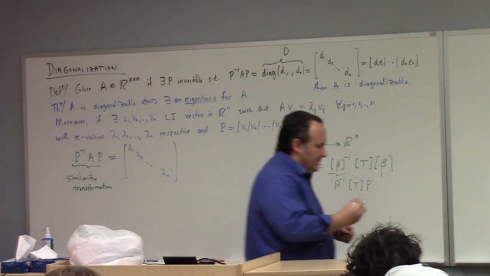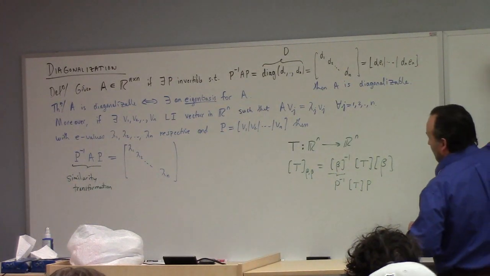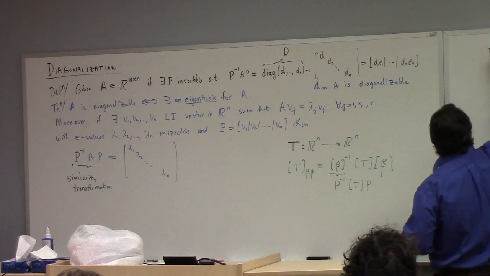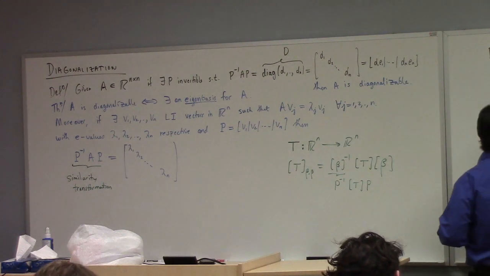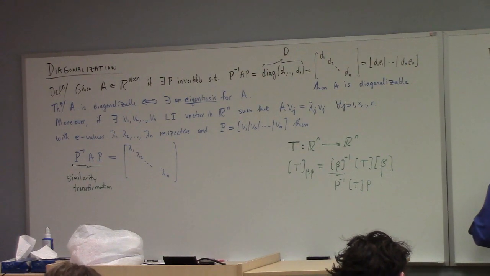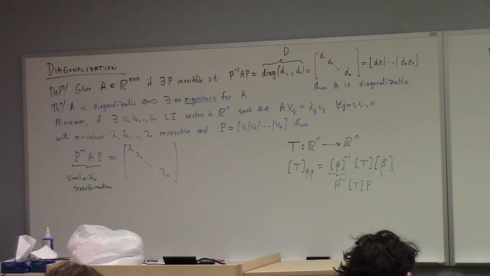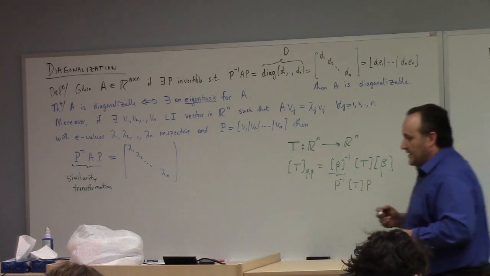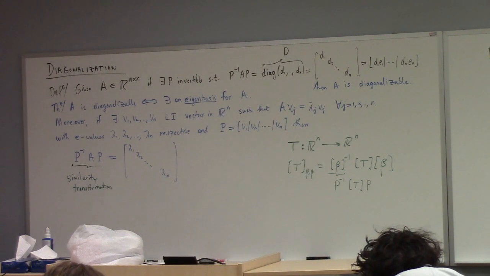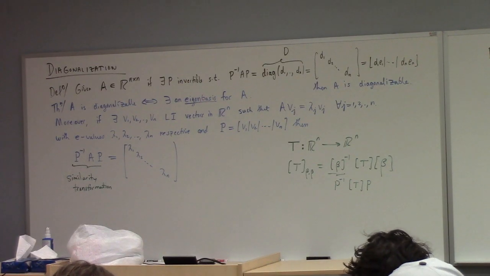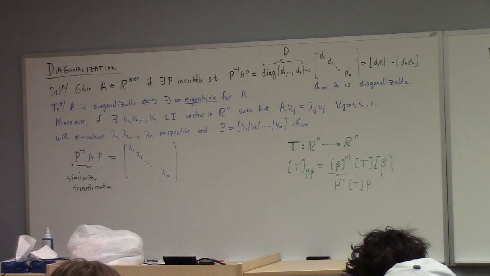One of the things I pointed out, just kind of a passing comment at the end, is that if we have D as P inverse A P, then we also have that P D P inverse is P P inverse A P P inverse. If I multiply on the left by P and on the right by P inverse, how does that simplify?